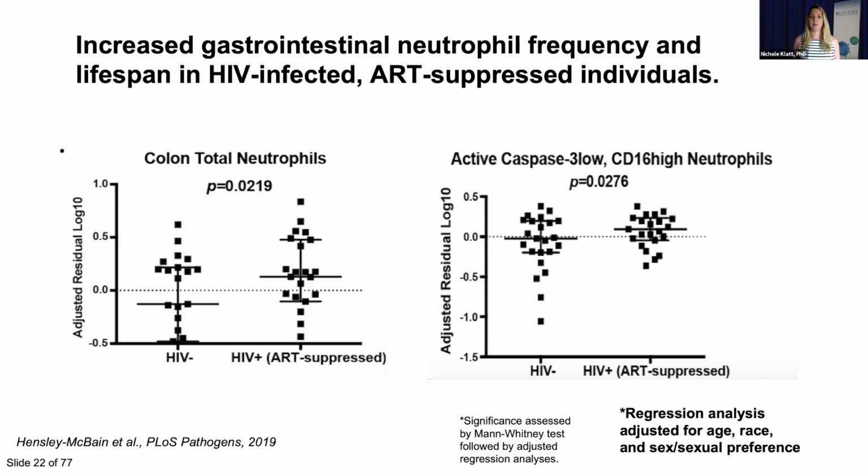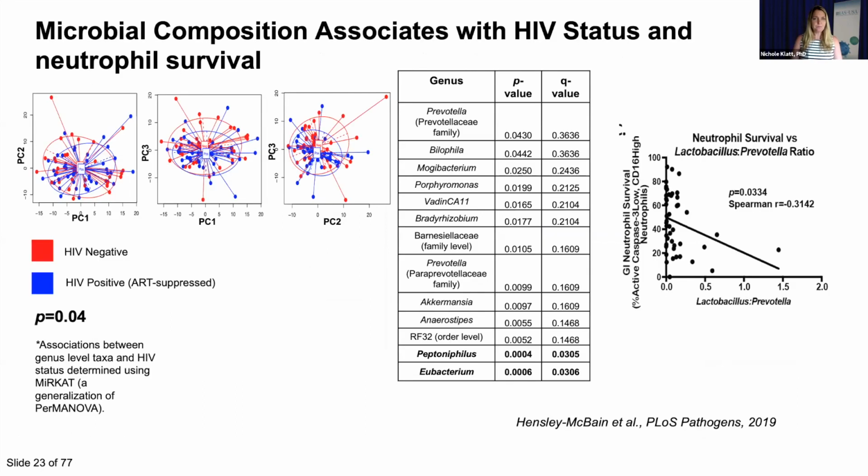So in a healthy person, when you do find neutrophils, they're going to upregulate that caspase-3 because you want them to go into apoptosis and have a short half-life. But in HIV infection, that caspase-3 is not being upregulated. In fact, this is kind of the opposite thinking. These are caspase-3 low, and caspase-3 is an apoptotic marker. So we wanted to understand, well, what's going on? Why are these neutrophils not dying? Why are they not going into this short half-life so they don't cause tissue damage?